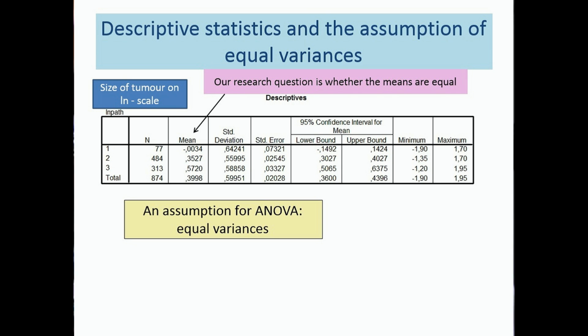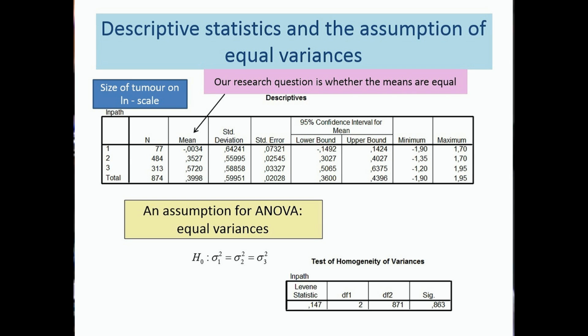An assumption for the Anova is equal variances. So we would like to test the null hypothesis variance 1 equals variance 2 equals variance 3. SPSS has a test for this, the homogeneity of variances test.